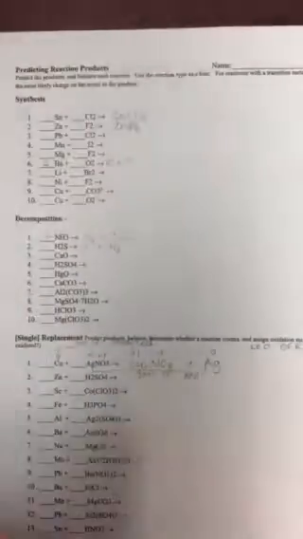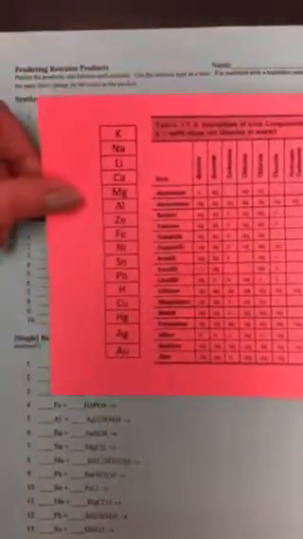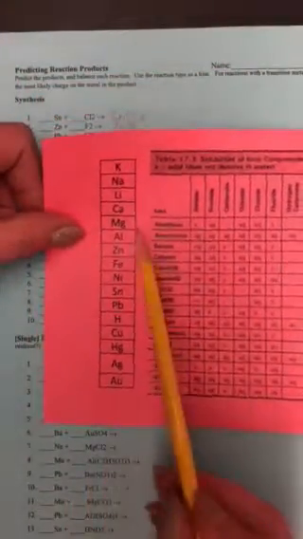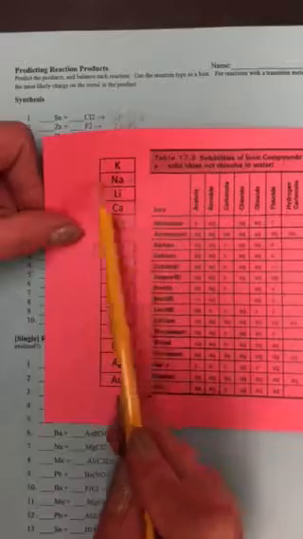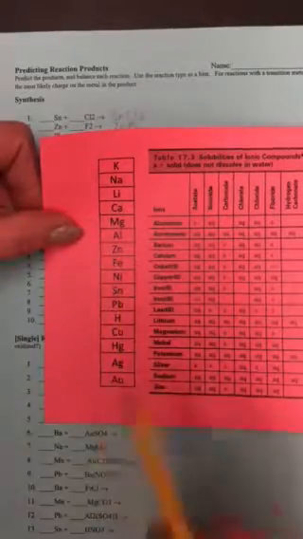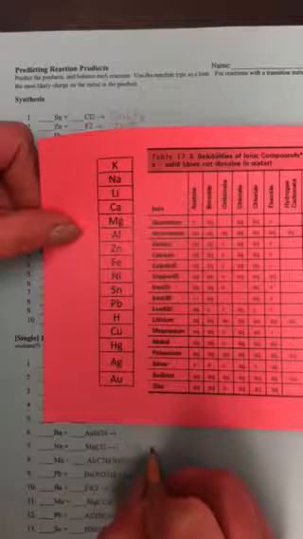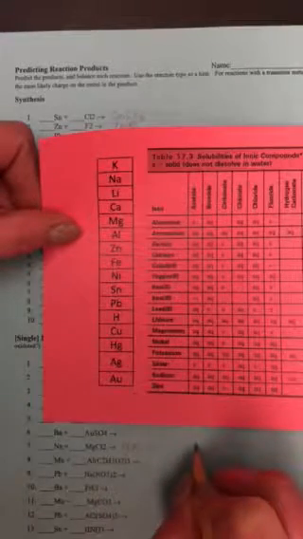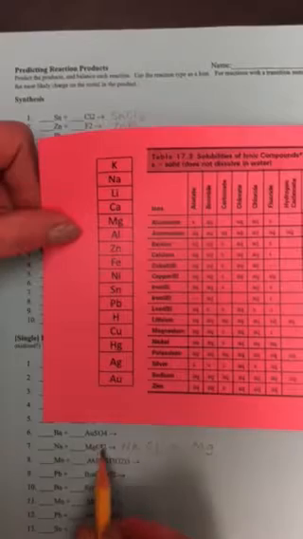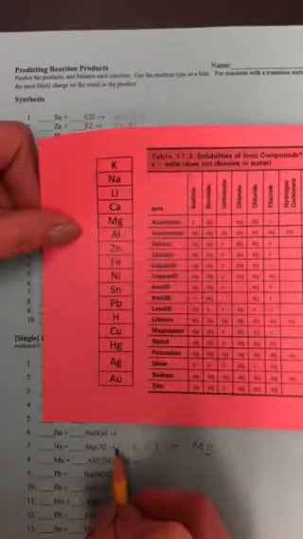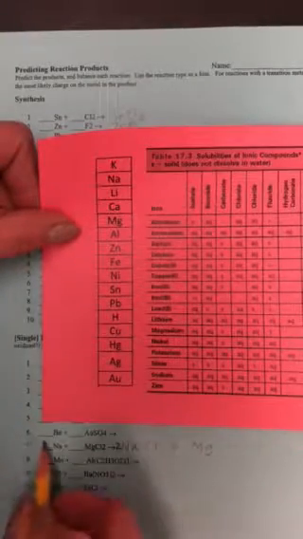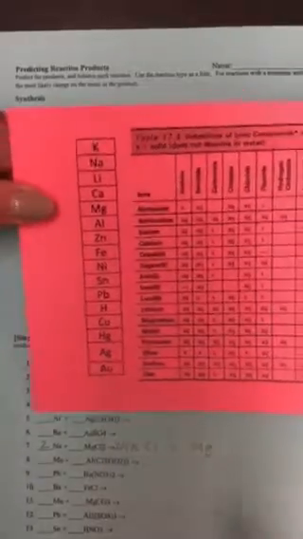We could go down a little bit further. Let's see. How about sodium and magnesium chloride? We've got sodium up here, magnesium down here, so sodium will definitely replace magnesium. So NaCl plus magnesium. We need to balance because there's 2 chlorine here, which means we need a 2 here to give us 2 chlorine and a 2 here for sodium.